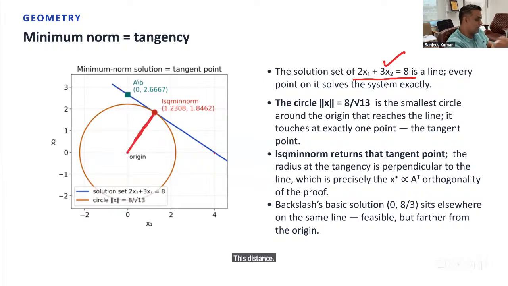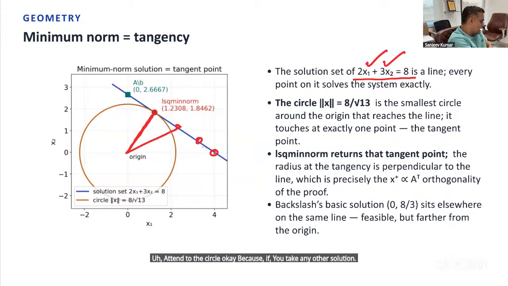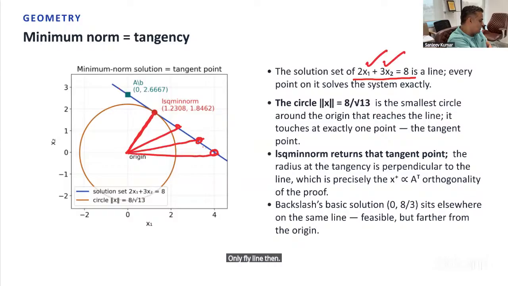When will it be minimum? When the radius is perpendicular to the line, meaning at the point where the line is tangent to this circle. Because if you take any other solution on this line, the norm of x will become more than this one. This will be the minimum one. So that is what I want to convey.